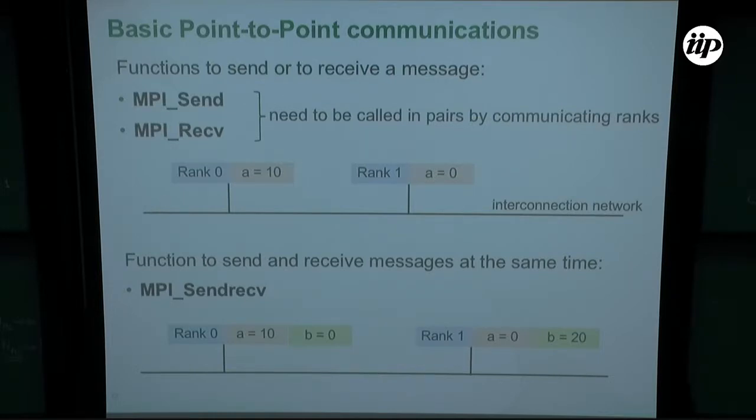CPU number 0 wants to send this number to CPU number 1, and originally they have different initial numbers. Here is 10. So what you need to do in your program is that if I am CPU number 0, I call MPI send. I want to send this message out.